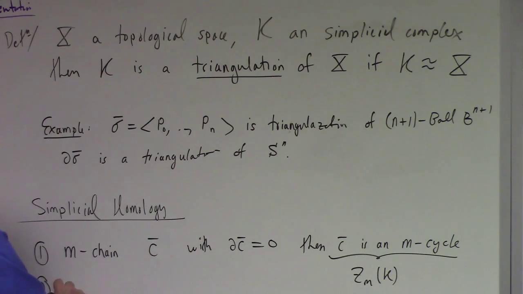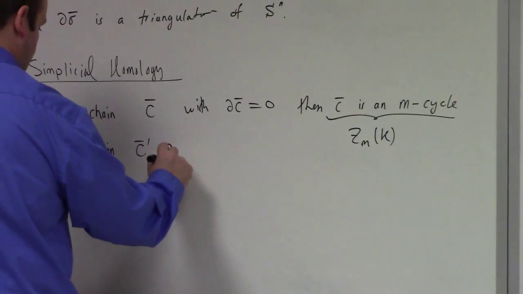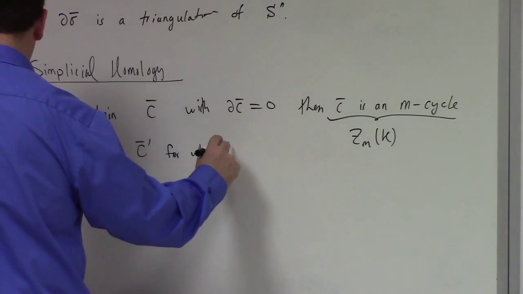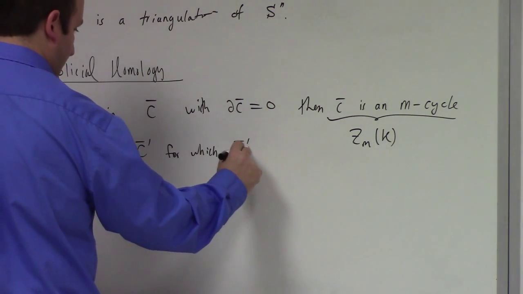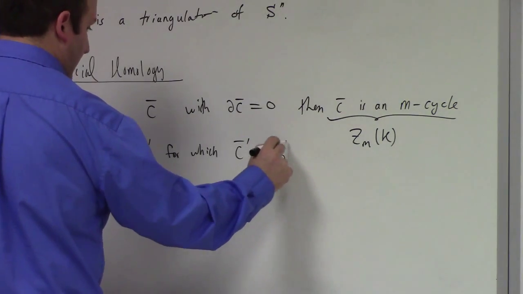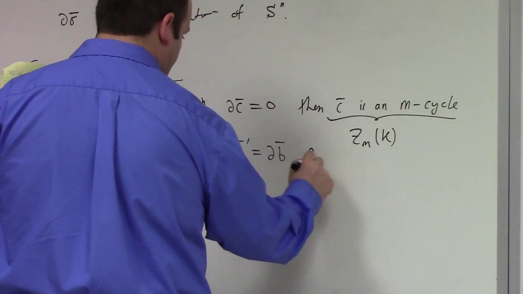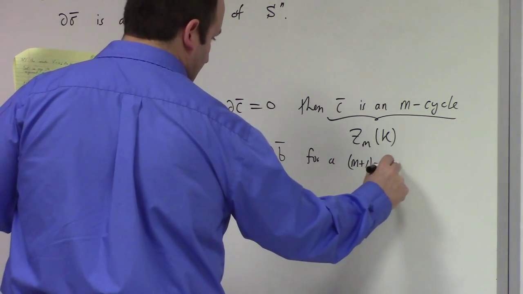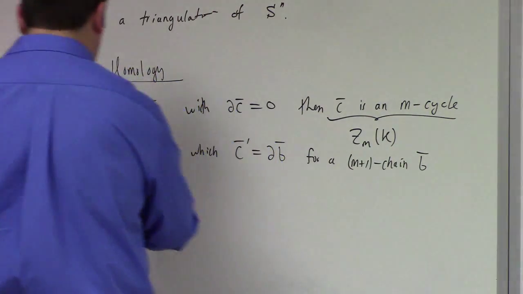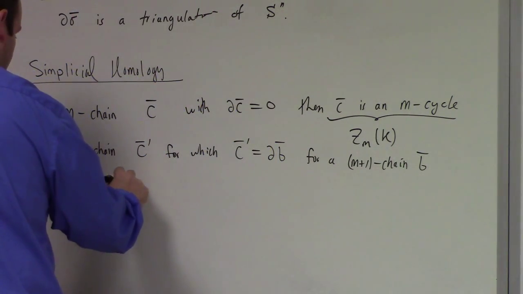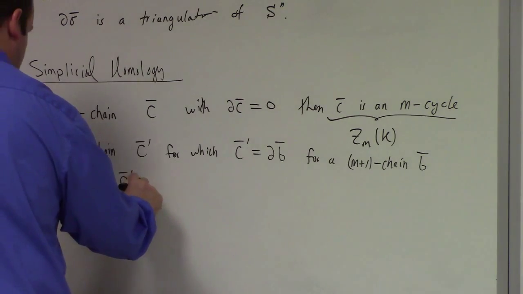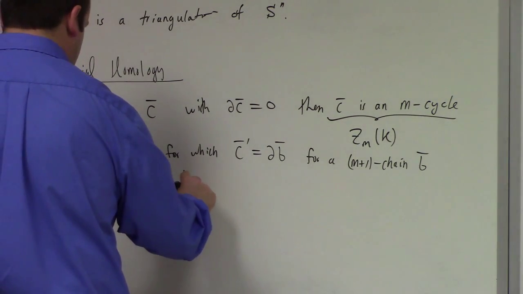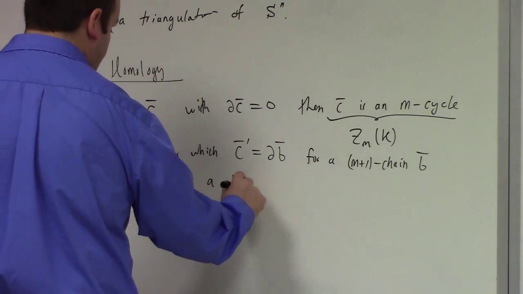Two, if you have an M chain C bar prime for which C bar prime is equal to partial, let's say, of B bar for an M+1 chain B bar, then C bar prime is called an M boundary.